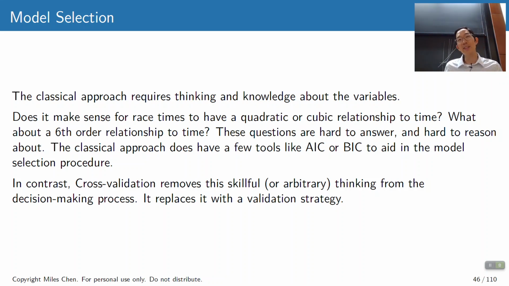And it just says, hey, these are going to be the steps that we're going to use. We have this validation strategy, and for better or worse, this is how we pick models using machine learning. One of the complaints, but also one of the strengths of machine learning, is that there's less human decision making, so less thinking about stuff and just trusting the process, trusting the rules that we set up.